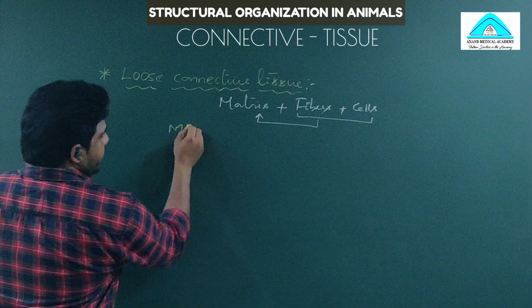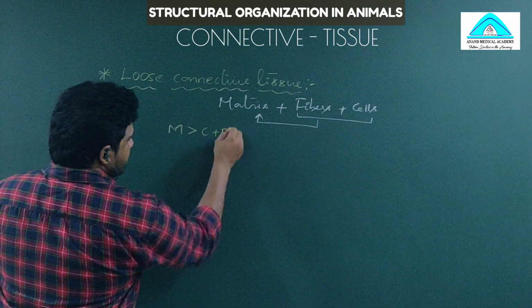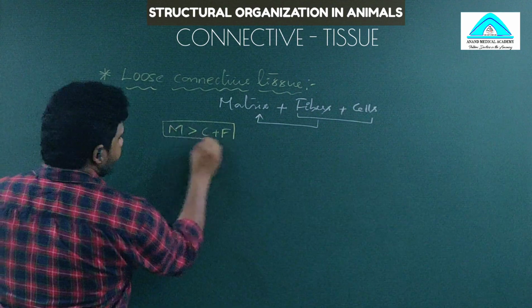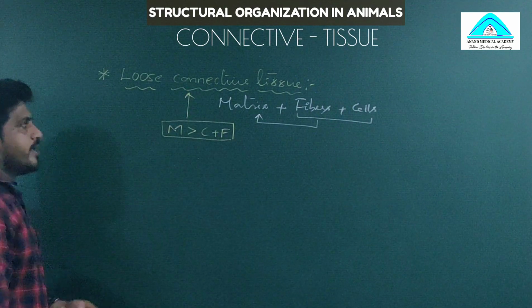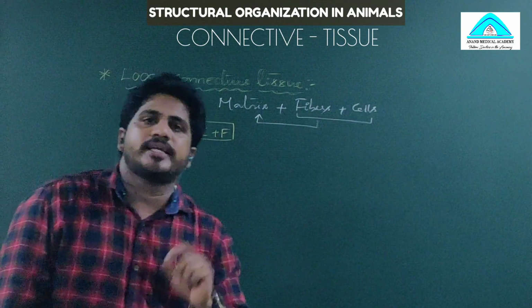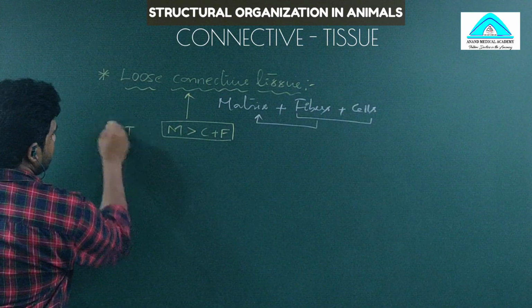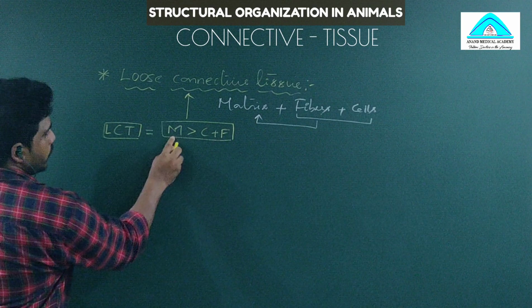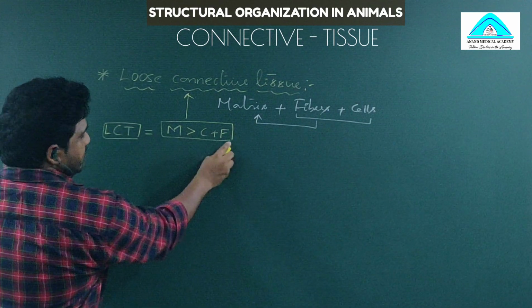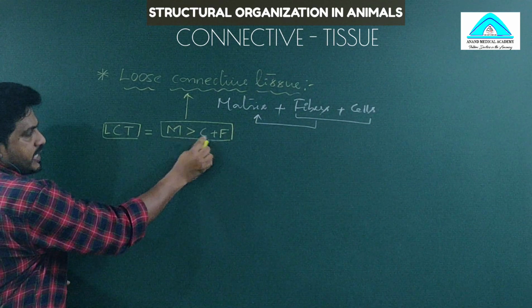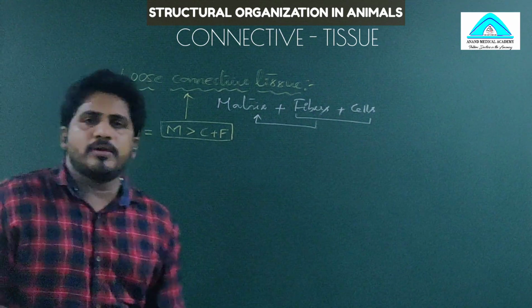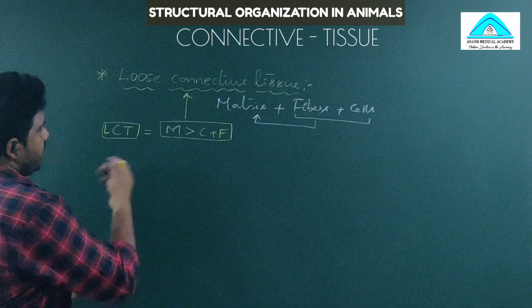So matrix is greater than cells plus fibers is the formula you can easily remember. Loose connective tissue, LCT, equals M greater than C plus F, meaning matrix is greater than cells plus fibers. It is a very easy formula to recall the definition of loose connective tissue.